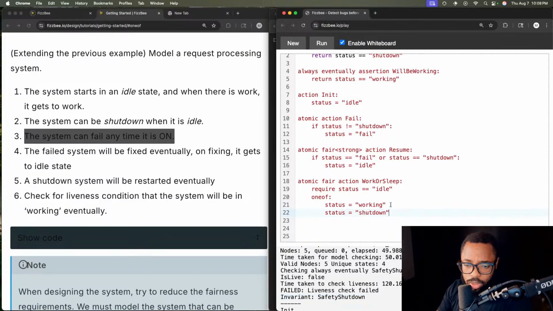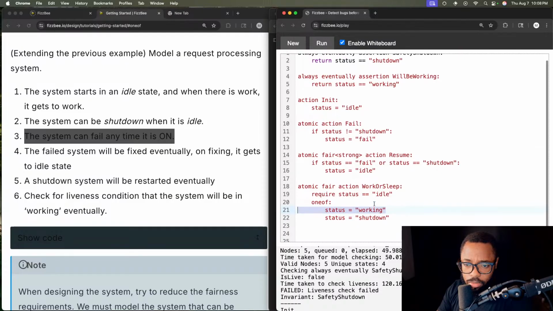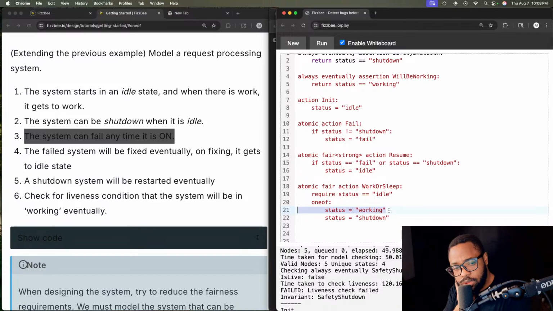And this will be the case if the system manages to go into working. Like, what happens if it goes into working and then it just stays there, continuously working?